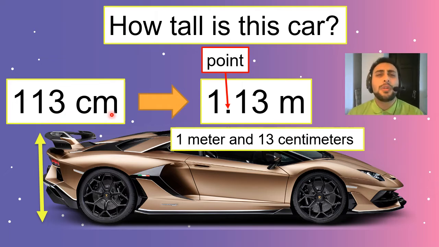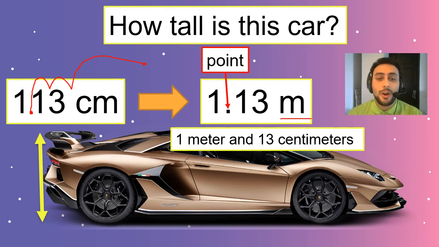Now, we want to turn this into meters. What do we do? Easy. Imagine you have a little dot. Make it jump. Whoop. 1, 2, 3. Whoop. And it is in meters. Super easy.